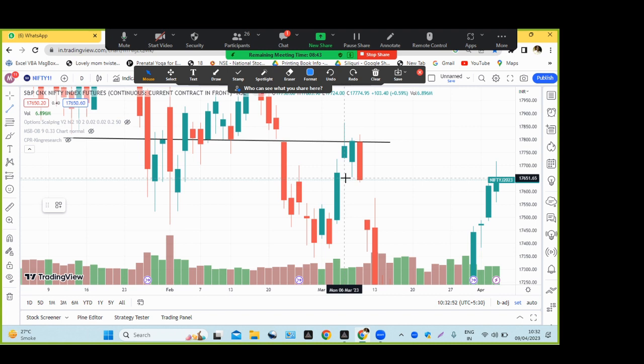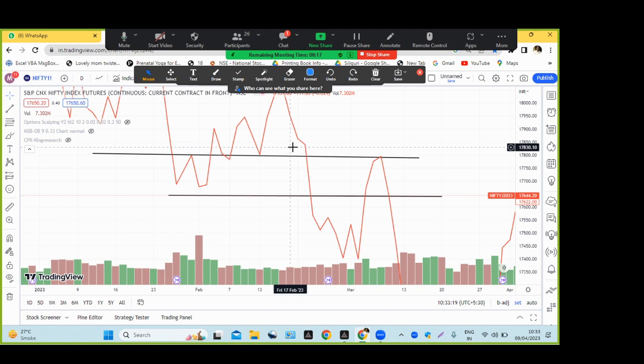Now you are watching this at the end of the day, and if you see on a line chart, what do you see? There is a strong level, and so far the candle has reached this line. So this was the level. Market broke this resistance, took support, but support failed. It went down. Again it broke this level, and this support was broken. The next time this support became what? Resistance. Am I correct?